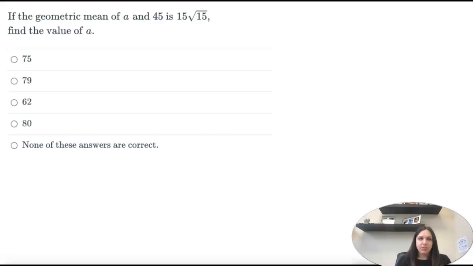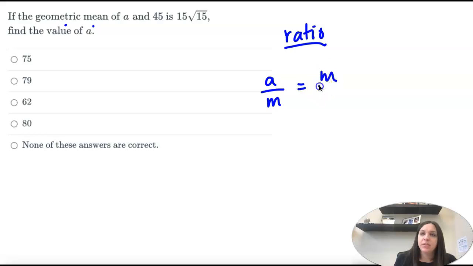This next question is talking about geometric means. I don't think they're in the actual textbook, but a geometric mean is a ratio, and that's what we're doing here. So the ratio is A to M and M to B, and M is the mean, and A and B are the sides.